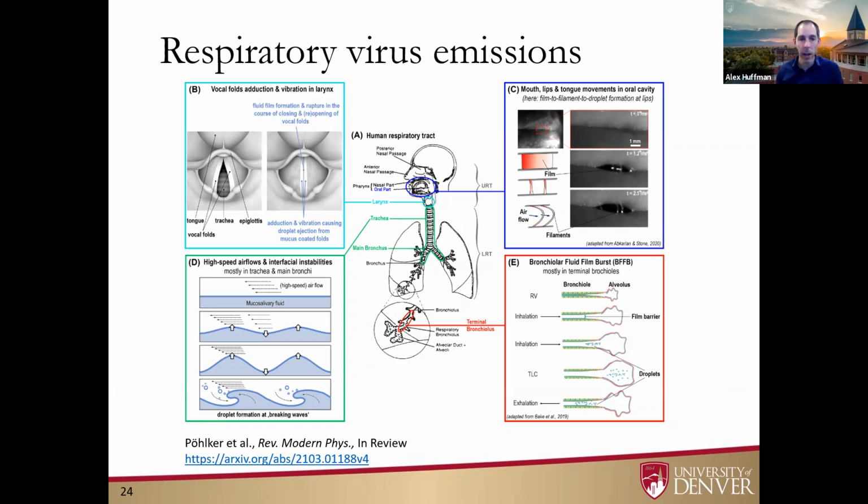We've talked a lot over this last year in the whole world about respiratory viruses. And so this is a one-slide summary of the idea that you can breathe out particles that have various different emission mechanisms that are actually mimicking some of the things that we just talked about.